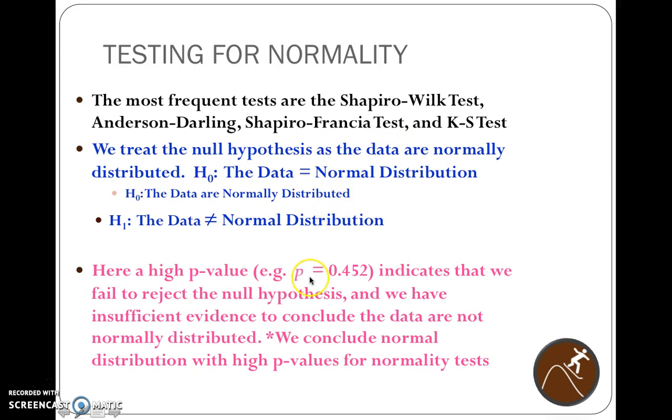Again, if you have a high p-value from a normality test, say p is equal to 0.452, that's above 0.05. Some people even use a cut point of 0.2. If you've got a high p-value, definitely anything over 0.05, for this class you could say the data are normal.